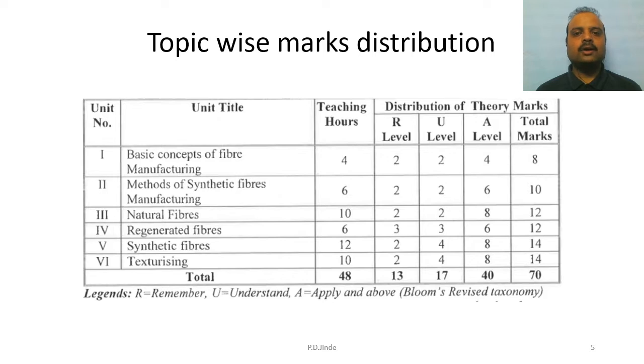The total hours required to complete the whole syllabus, that is all 6 units, is at least 48 hours. Similar to the teaching hours, each unit carries certain marks based on its importance or weightage. Total 70 marks are distributed amongst 6 units. You will find the last column is of total marks allotted for each unit.